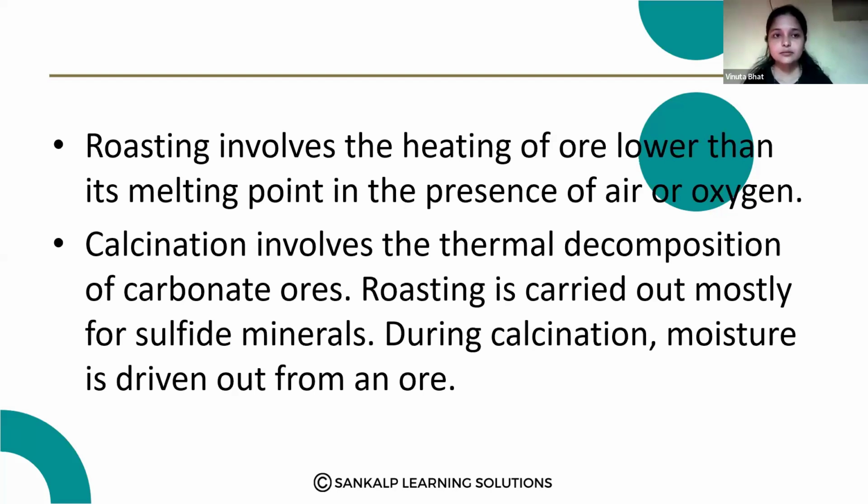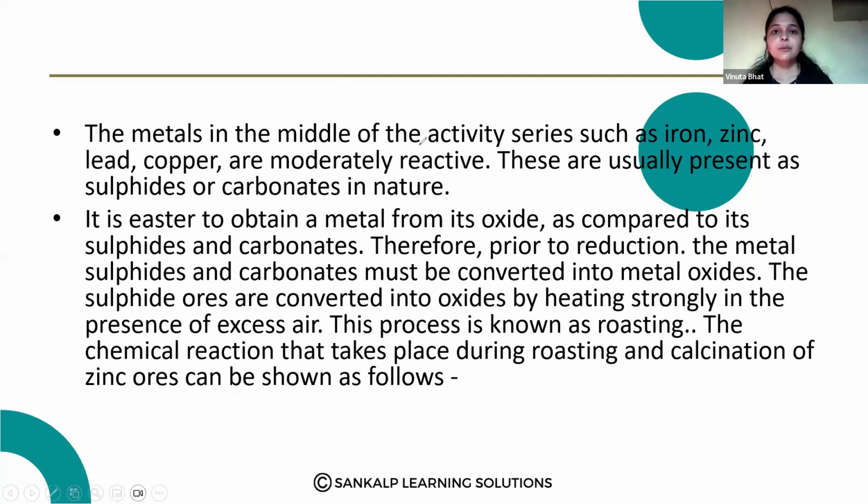Here, the metals in the middle of the reactivity series such as iron, zinc, lead and copper are moderately reactive. These are usually present in sulfide ores or carbonate ores in nature. It is easier to obtain the metal from its oxide as compared to its sulfide and carbonate ores.